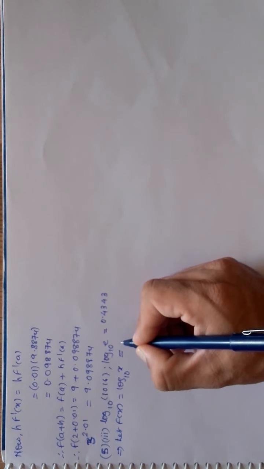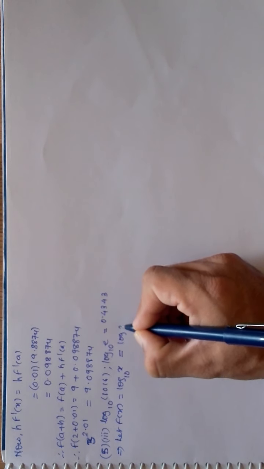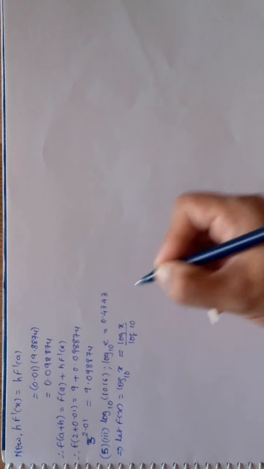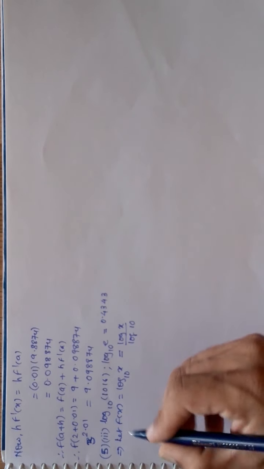That is, I will write it as log x upon log 10, because I have seen that base e is used. Base I have not written, so it means base has become e. This is the change of base rule, which we have studied already in logarithm very nicely. So this is your function of x.